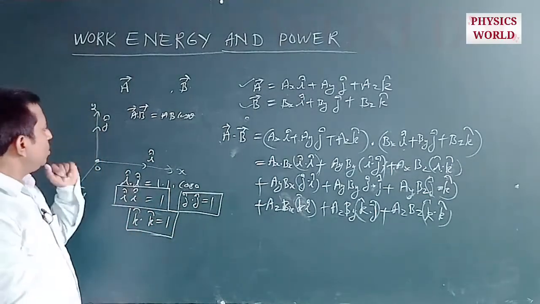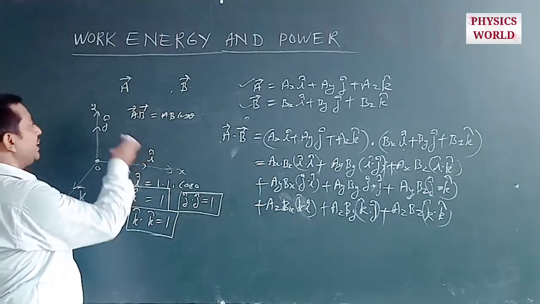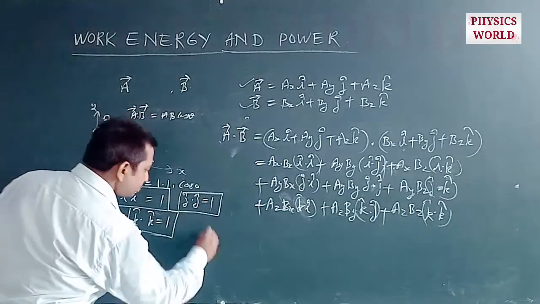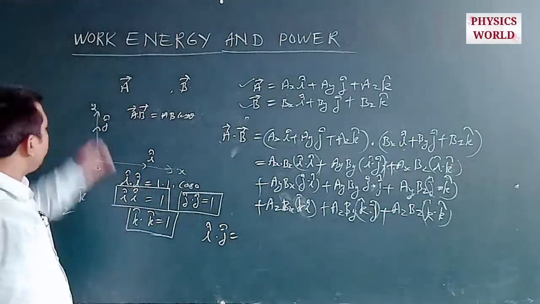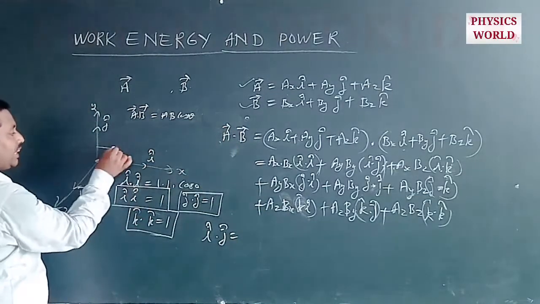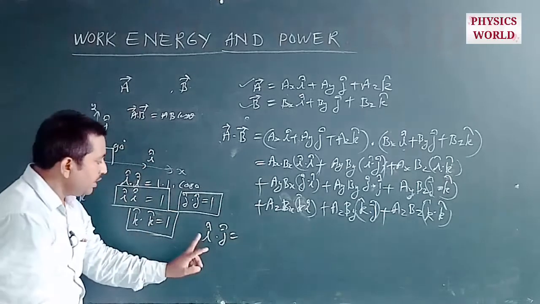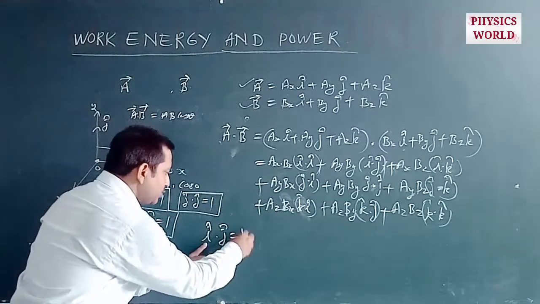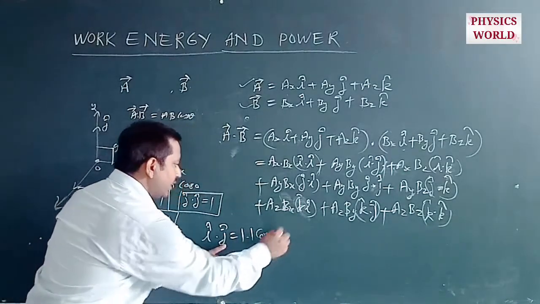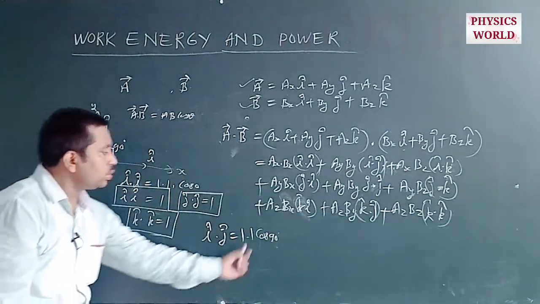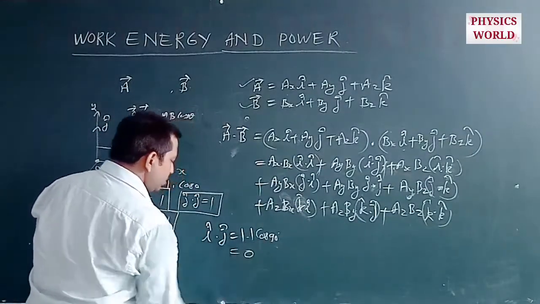But if you multiply unit vector i dot unit vector j, what will you obtain? The angle between i and j is 90. So the magnitude of i is 1, j is 1 and cos 90 is equal to 0.